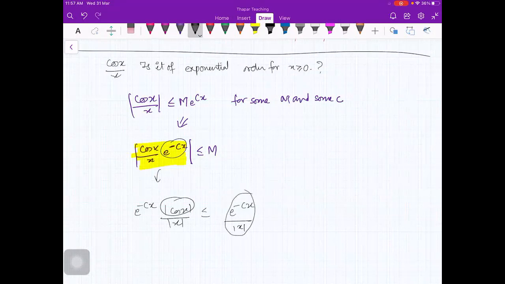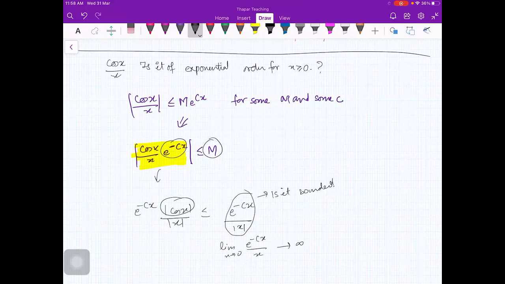Now can you tell me, is it bounded? इसको क्या मैं किसी m से छोटा कर सकती हूँ? Can I make it less than some M? What is the limit as x goes to 0 of this function? Infinity है ना? Right? So this cannot be of exponential order.